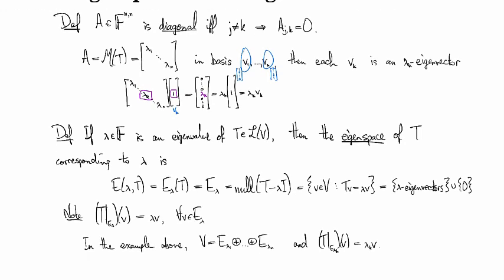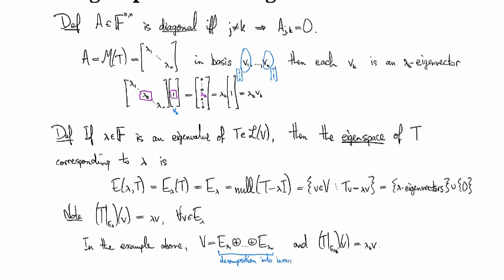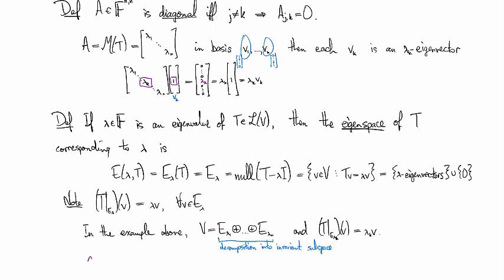So what we have is a decomposition into invariant subspaces. And so the question is, does this always happen? Spoiler alert, no, it doesn't always happen. This is the question of whether or not a matrix, or an operator, can be diagonalized.